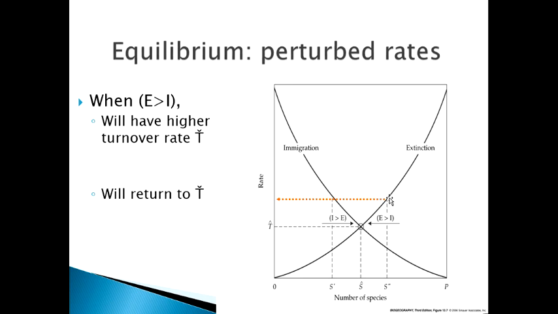Okay? Again, both of these, whether you have immigration rates exceeding extinction or extinction rates exceeding immigration, act to increase turnover and drive the system back to this equilibrial number of species.